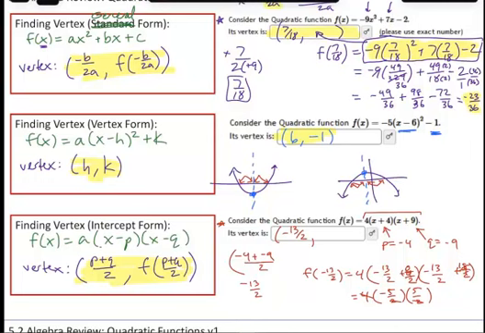So that leaves -5 times -5, which is -25. So I get my answer that way. Once again, I could have also entered my answer as a calculation here. Whichever one works for you is fine. All right. So that is finding the vertex based on whatever form you're given for your quadratic function.